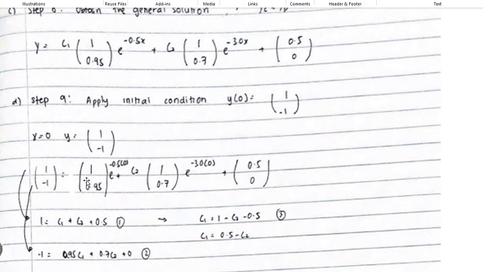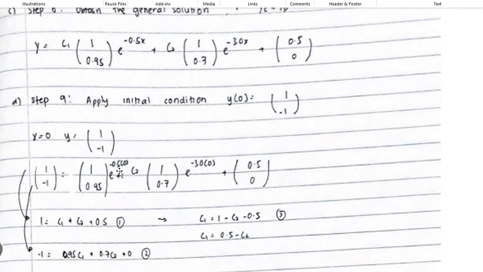After that, I sub all the values, x equal to 0 everywhere here. After we sub x equal to 0, the exponent becomes the exponent of 0. So the value of the exponent to the power of 0 is 1.